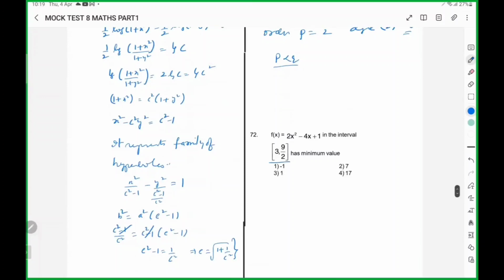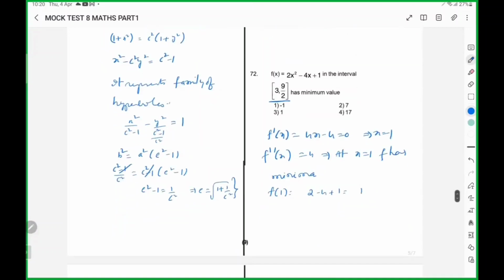So for the interval, first we check for a basic minimum. At x equal to 1, f double dash x we get 4, which implies that at x equal to 1, f has a minimum. The minimum value is f of 1, which is 5 minus 4.